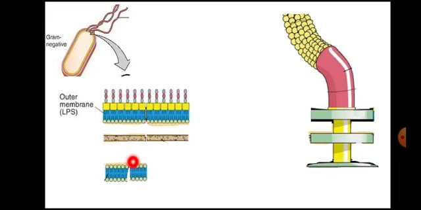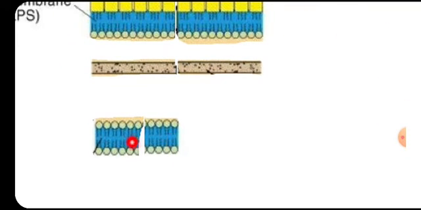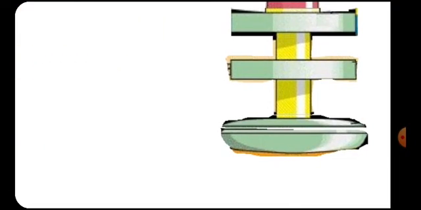Because it is just present on the membrane, it is called the superficial ring. And the last one is located within this membrane, and therefore this ring is called the M ring.